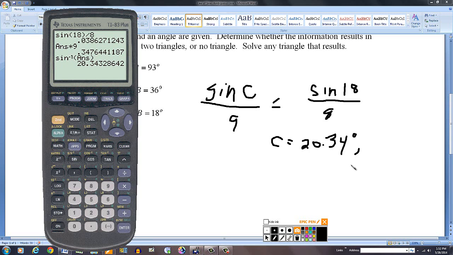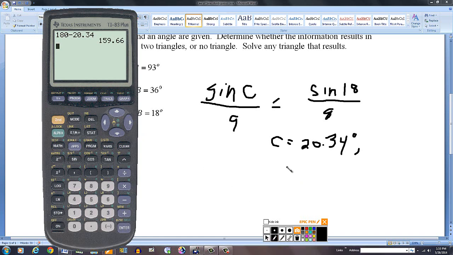Okay, so if we have two triangles possible, for the first solution, angle C will be 20.34. And as I mentioned in the previous video, the supplement could be a solution also, and in this case it is. So subtract 20.34 from 180, and we get 159.66.